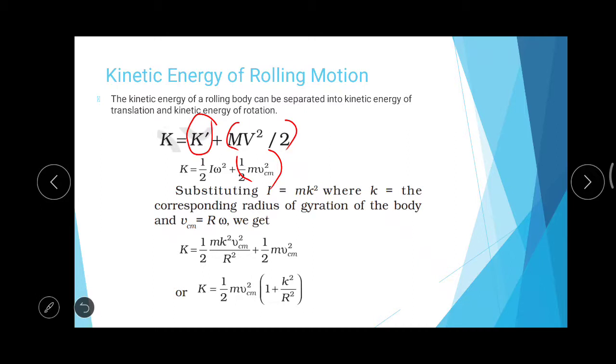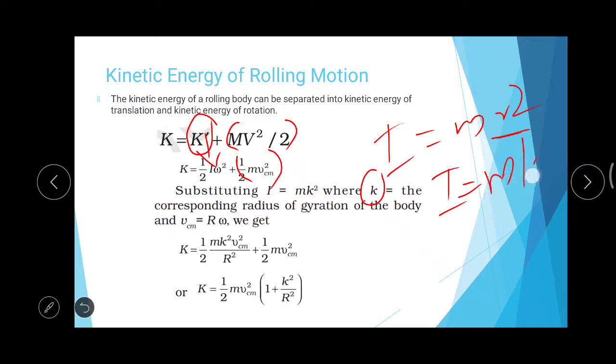So combining the two values, you can write the kinetic energy of the rotational motion as half I omega square. So K dash will become half I omega square. Okay. And here suppose that I is equal to m r square, that we have already studied. If the r value, that is the radius of gyration, is a number k, then I will be equal to m k square.